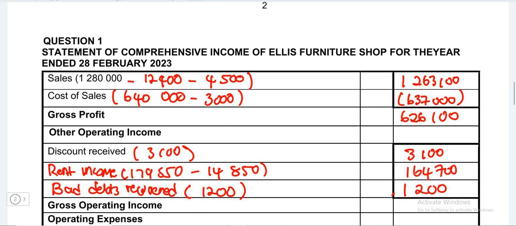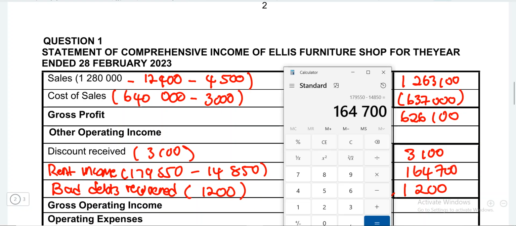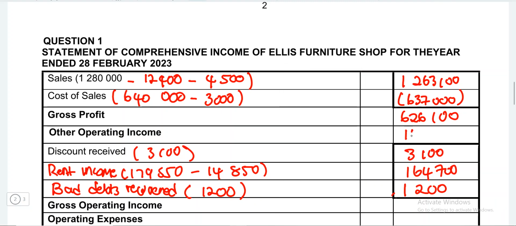So 164,700 plus these other two, so we're going to say 1,200 plus 164,700 and then also plus 3,100. It is giving us other operating income of 169,000. So our other operating income is 169,000.